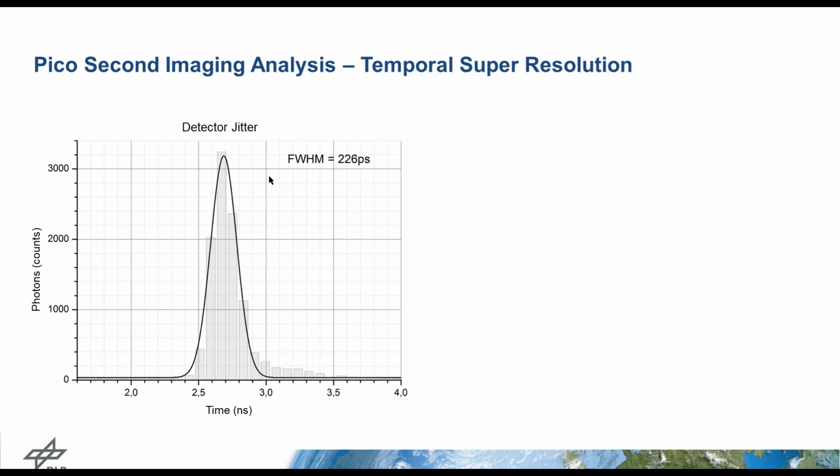You will get a statistical response from the system, from your measurement, and you get a Gaussian distribution for this single event. So that means we look at one transistor in a certain configuration, let's say, and we want to measure the time of this event when it emits a photon.